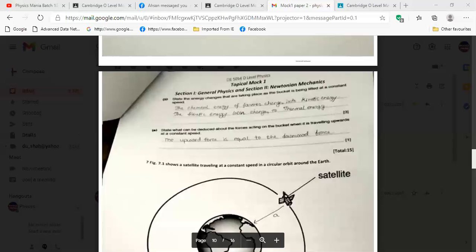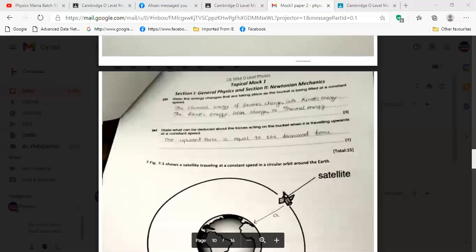Both are equal. Very good, both are correct. So here one mark. There are no negative marks over here.